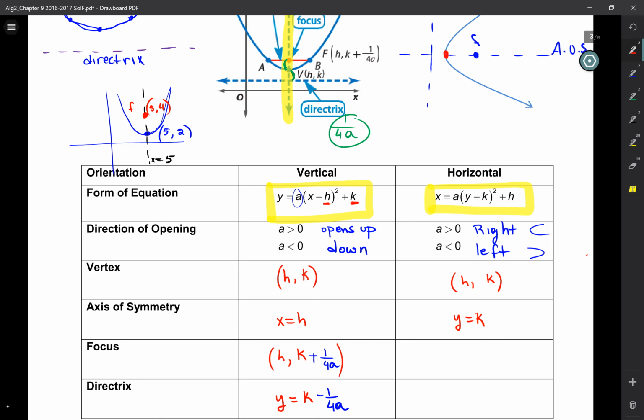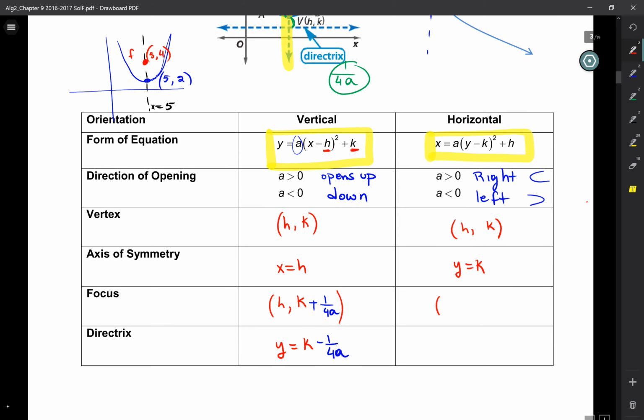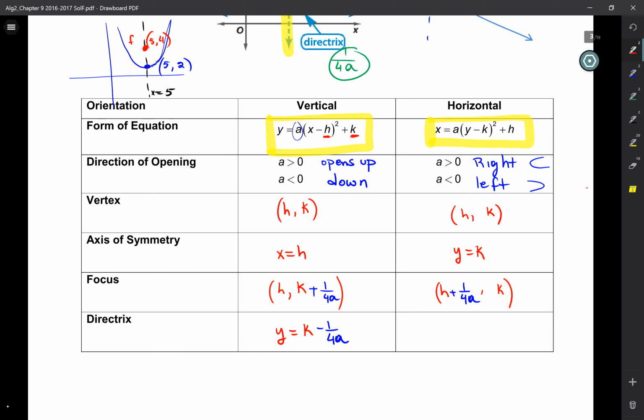To the right, horizontally, right? That means if I go horizontally, does the y value change? No. Does the x value change? Yes. So for the focus, the x value is going to change. So it's going to be h plus 1 over 4a, but the k value will stay the same. Now, for the directrix, we do the same thing. It's x equals h minus 1 over 4a.